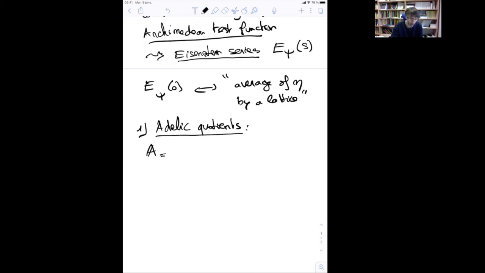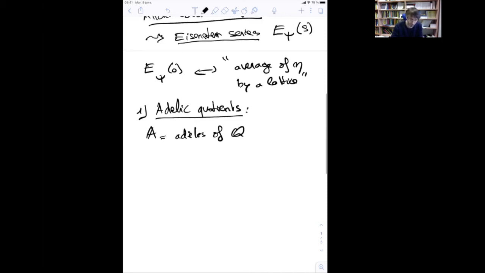So A will denote the adeles of Q, and the standard notation, if you take GL_n to be the standard GL_n group over Q, I denote by the double quotient GL_n(Q) backslash GL_n(A) modulo SO_n and the center of GL_n plus.